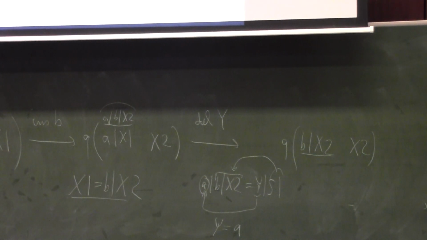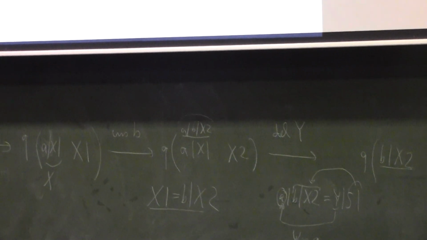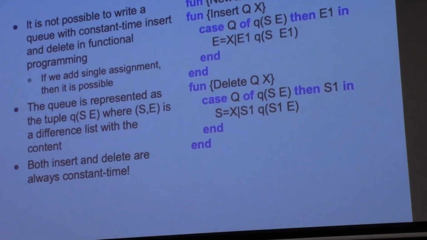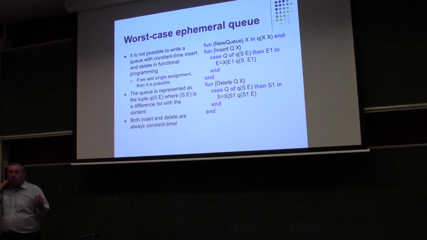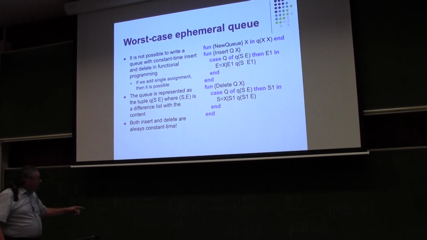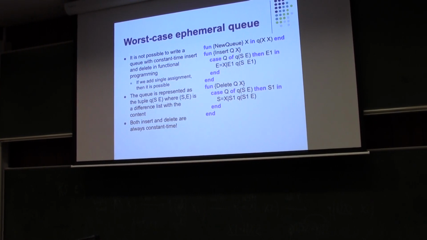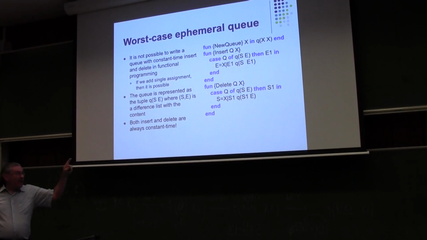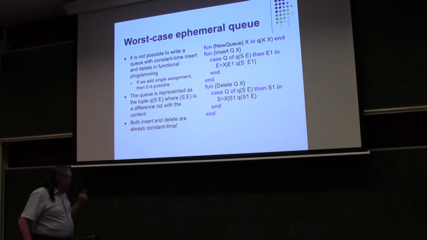That's kind of neat, right? That's kind of interesting. You're just building difference lists and managing them by adding and removing elements by doing bindings. And every one of these operations is constant time. It's okay, because it's ephemeral. This will really not work persistently, because you're binding things.